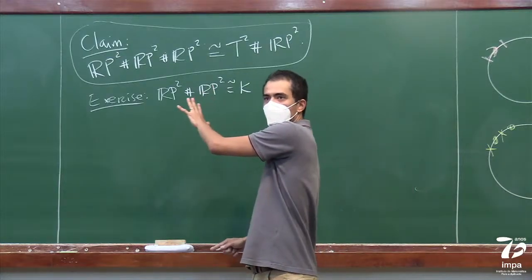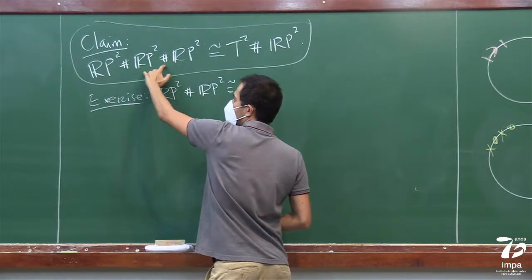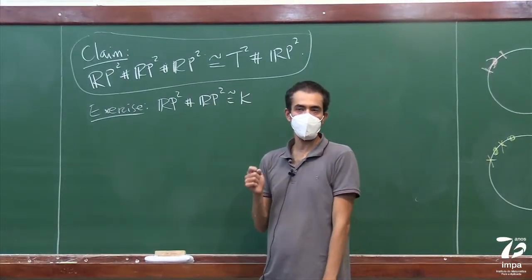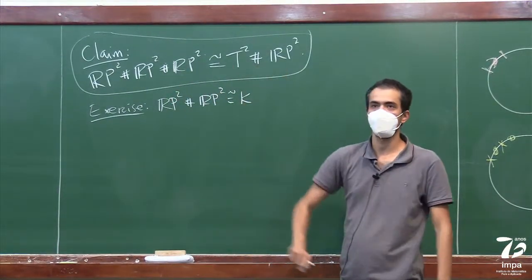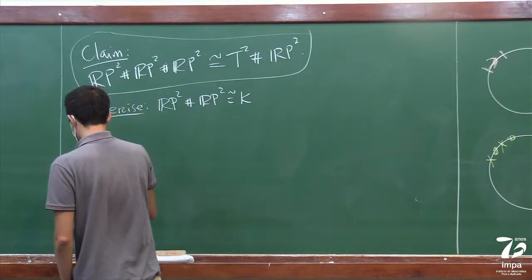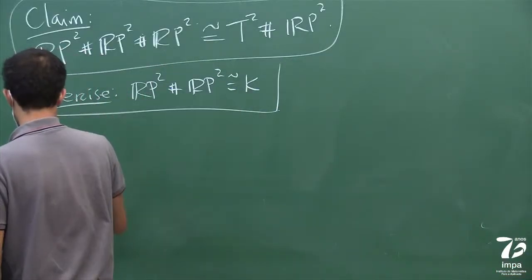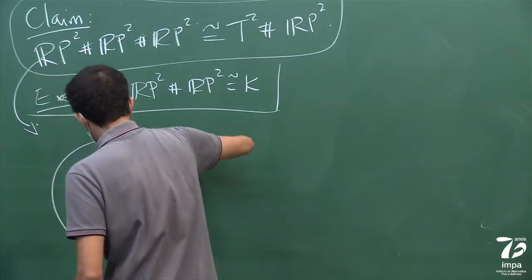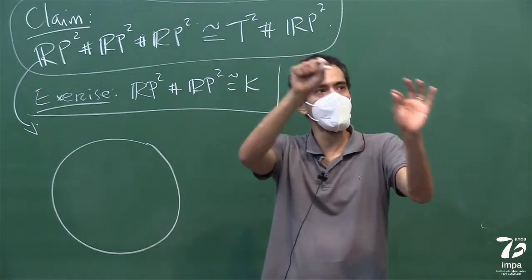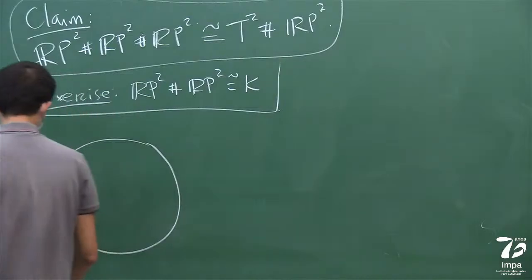So how do we prove that? We look at the handle attachment diagram for 3 RP2s, and you show that it's equivalent to the handle attachment for this guy. So let's prove the claim. 3 RP2s would be, I have 3 non-orientable handles by themselves, not attached, not intertwined.